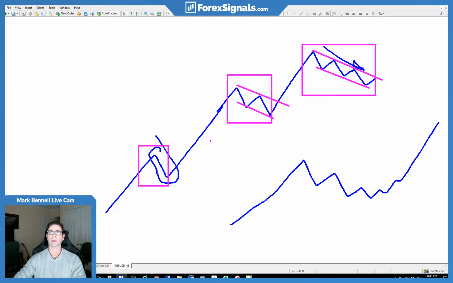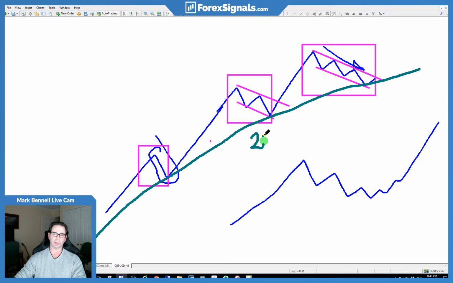Okay. Now, what I look for also with any of these pullbacks, where these appear, I look for the pullback to key moving averages. All right. So the one that I use the most is a very basic 20 simple moving average. All right.